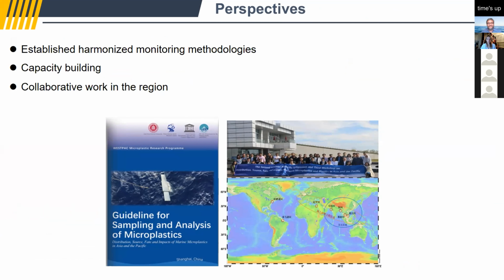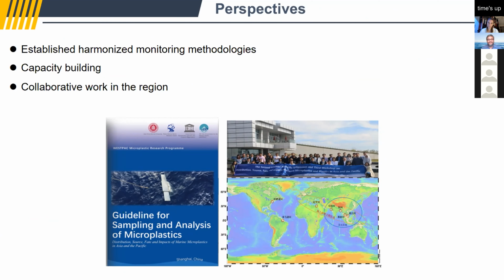I mean, things we can do moving forward. One is apparently to echo the appeal that we need to establish harmonized monitoring methodologies. Currently we have methodologies from different groups, but the crucial thing is how could we use this, right?